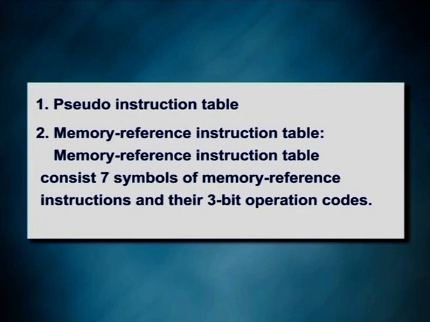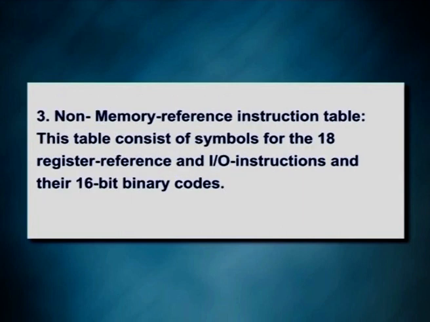The first table is the pseudo instruction table. The second table is the memory reference instruction table. The memory reference instruction table consists of 7 symbols of memory reference instructions and their 3-bit operation codes. Now, the third table is the non-memory reference instruction table. This table consists of symbols for the 18 register reference and input-output instructions and their 16-bit binary codes.